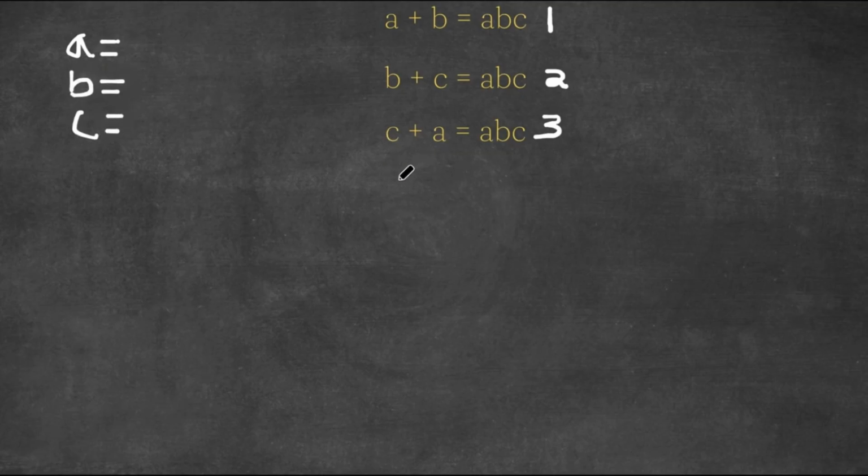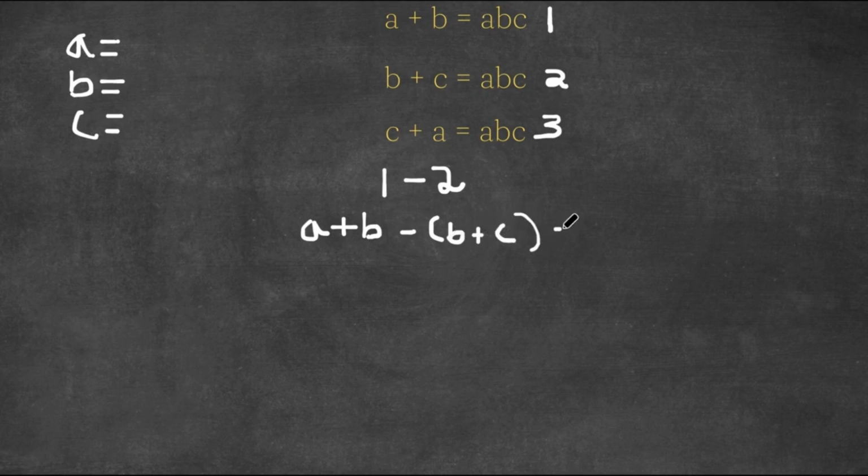What we're first going to do is equation 1 minus equation 2. That would give us a plus b minus b plus c, and this is equal to abc minus abc. Now, abc minus abc is simply 0 because these two cancel out, they're the same thing.